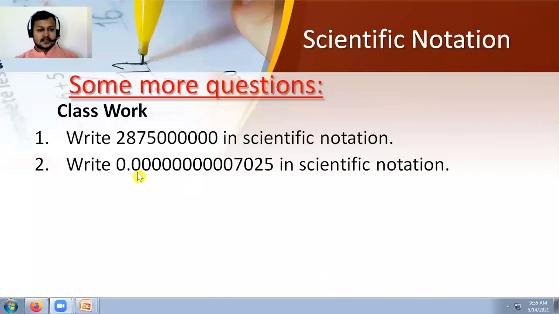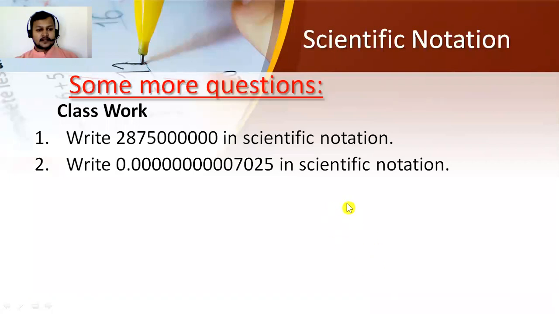Count the numbers: 1, 2, 3, 4, 5, 6, 7, 8, 9, 10, and it is 11. So the answer is 7.025 into 10 to the power minus 11.